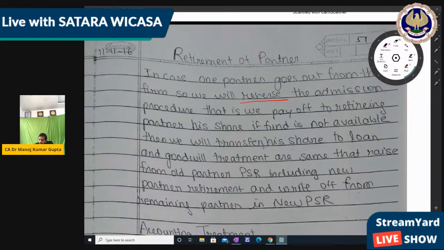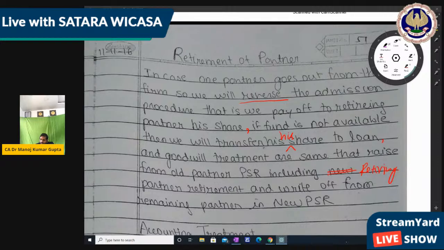If funds are not available, then we transfer his share to loan. And goodwill treatment is the same, that is, it is raised in the old partners' PSR, including the retiring partner, and written off from the remaining partners in the new PSR.